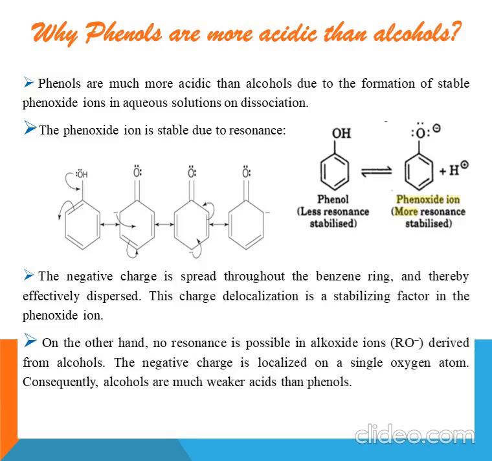On the other hand, no resonance is possible in alkoxide ions derived from alcohols. Why? Because the negative charge is localized on a single oxygen atom. Consequently, alcohols are much weaker acids than phenols.